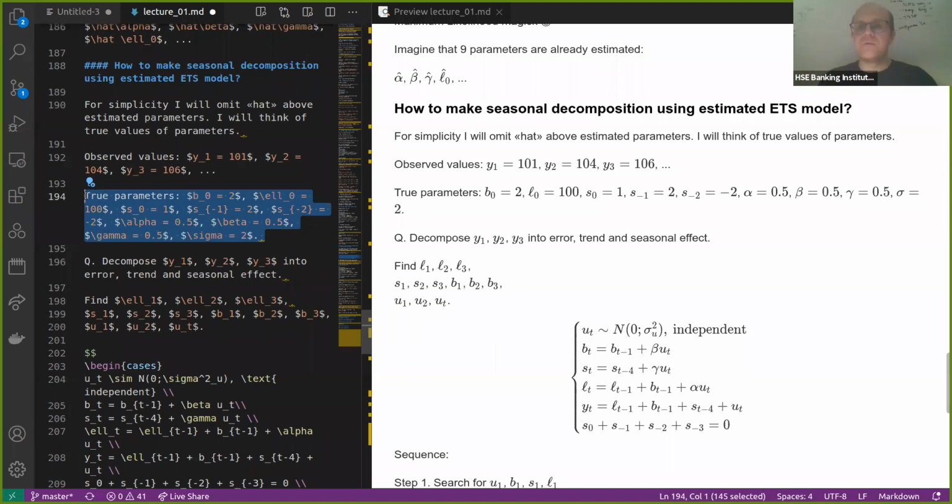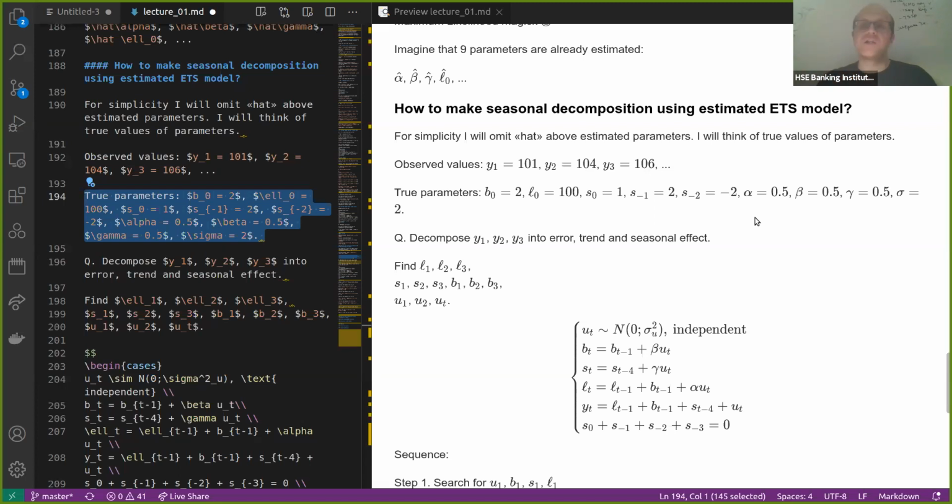In real life, we have estimates. When you have observed values and estimated parameters by maximum likelihood, then you can decompose every y into a seasonal effect, a smoothed growth, and the current error.